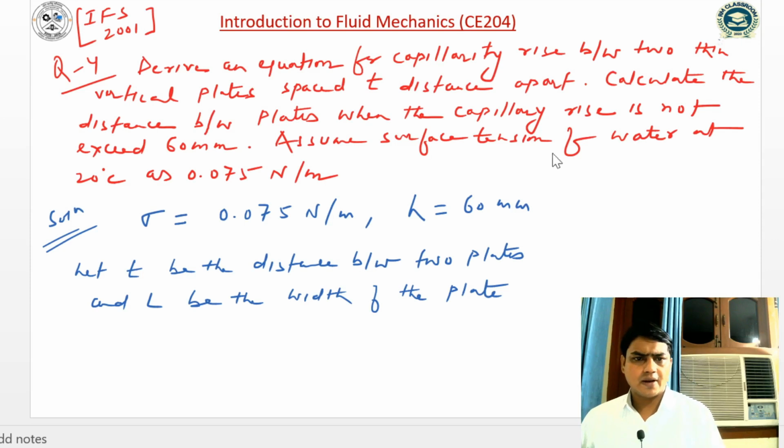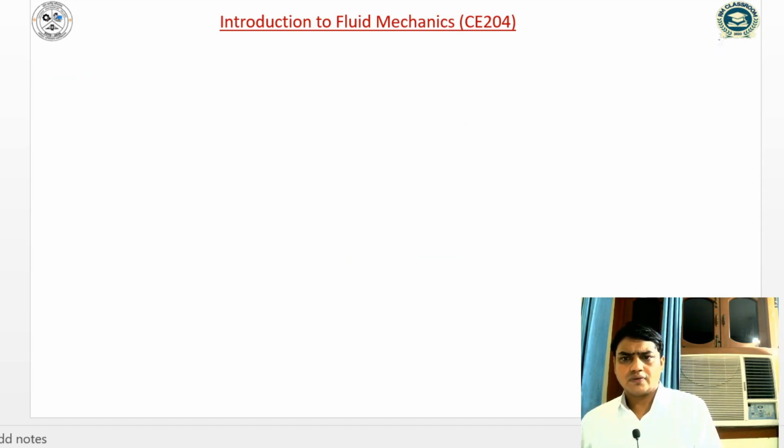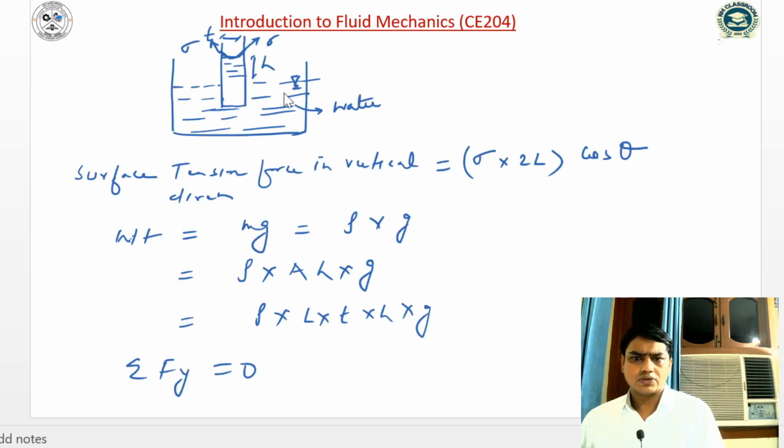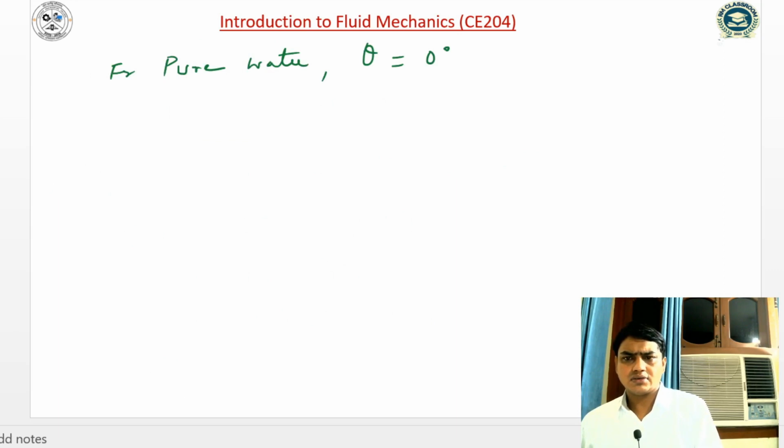Now we have to compute the expression of this capillary rise H if the following data is given. So let us assume pure water, so theta is equal to 0 degree. So capillary rise H can be written as 2 sigma divided by rho G into T. So it will be 2 into sigma.